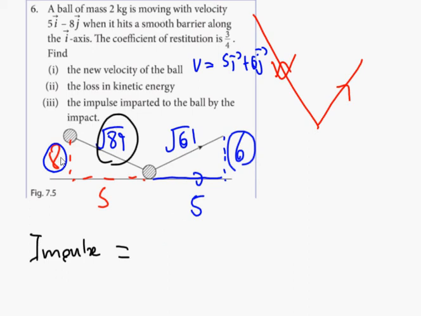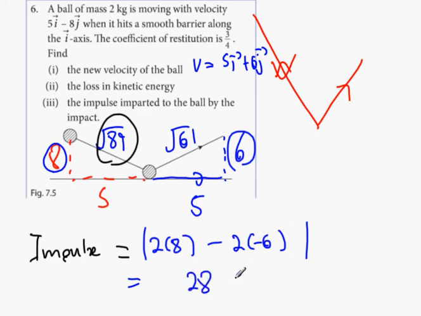So it's going to be 2 times 8, because 8 down, and then minus, I'm going to have 3 6's going upwards, so 2 times minus 6, and when you add them both, it's going to be 16 plus 12, which is 28 kilograms per ms minus 1.